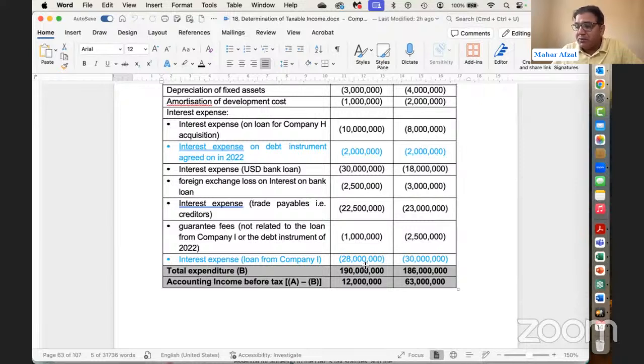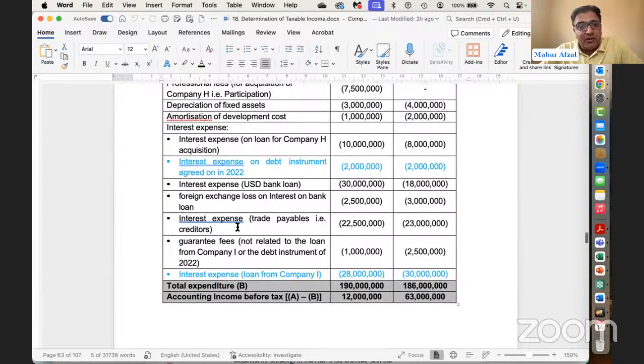I'm adding 28,000 back. The guarantee fee is not related to the loan. This is a normal loan, normal interest expense. We can claim a maximum of up to 12 million or 30% of EBITDA. If the loan amount is less than 10 million, we can claim 100%. We will have a separate calculation for it. This interest expense is on a loan taken before 2022, so we can claim 100%. We are assuming there are no changes in the terms and conditions of the loan.